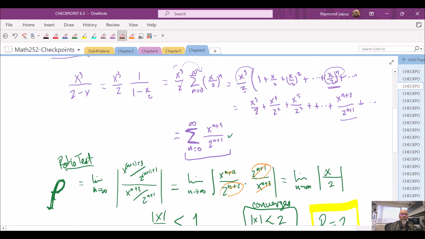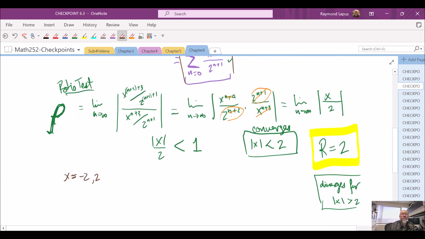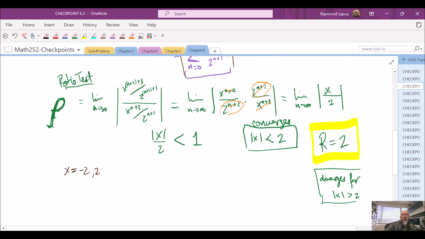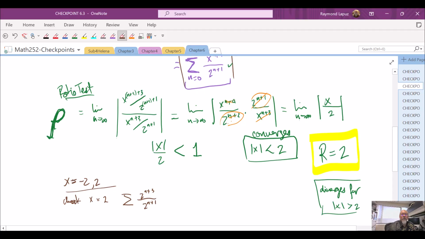Let us take a look at this series, bring that series down, and we're going to put in the positive part first. So let's check x is equal to positive 2. And here we have the series of 2 to the n plus 3 divided by 2 to the n plus 1. And so this is a positive 2. It's not alternating.